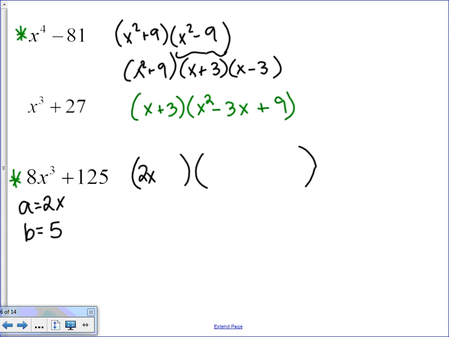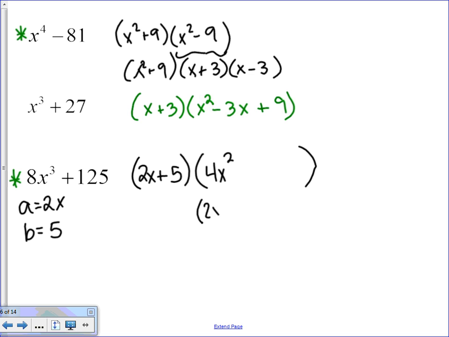That's 2x, same sign, plus 5. And here I square a. What's a squared in this example? 4x squared. I'm going to get a lot of people who tell me 2x squared. Okay?